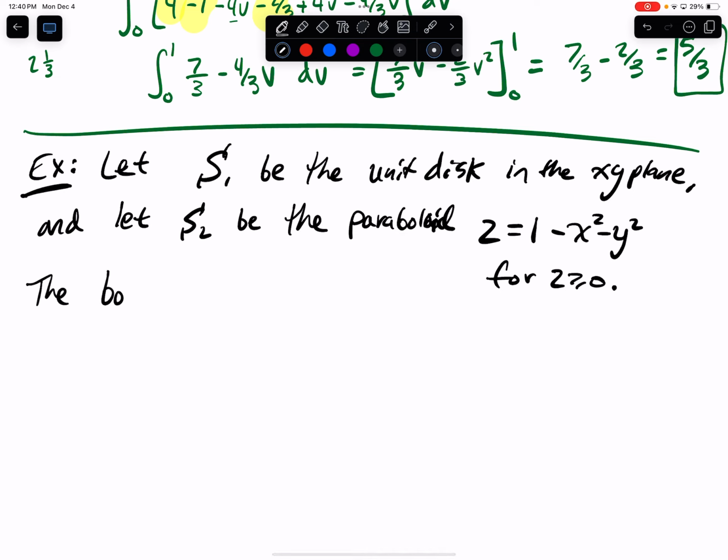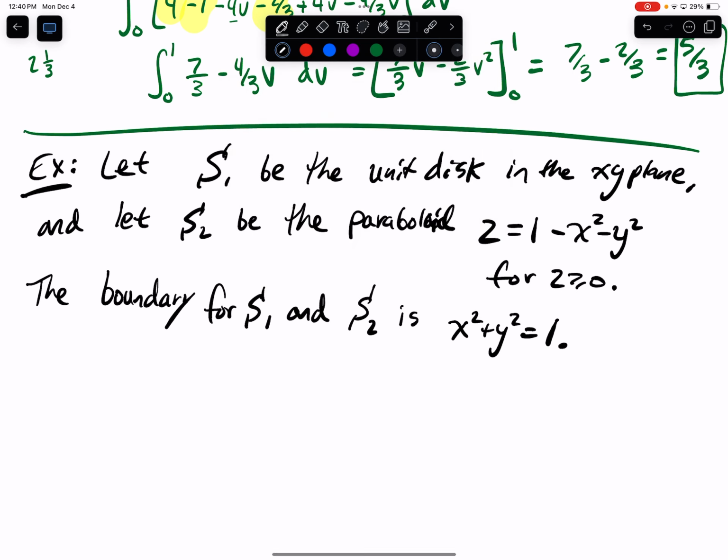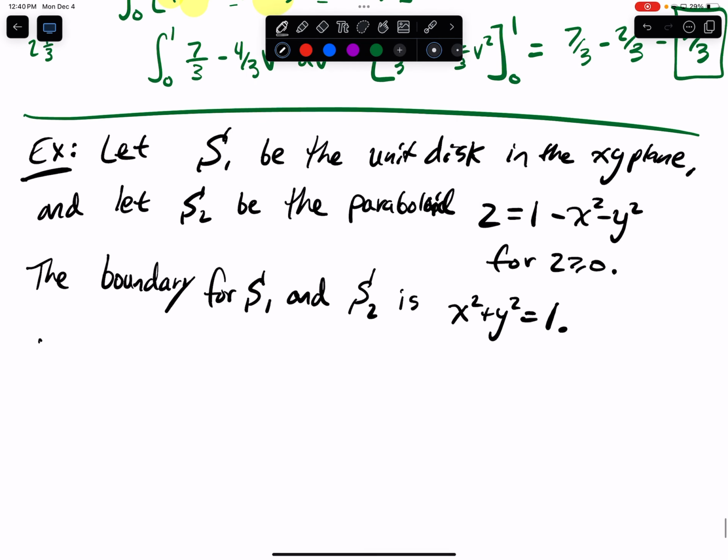The boundary for S1 and S2 is x squared plus y squared equals 1. That's the unit circle. That's the boundary. I'm going to let F1 be 0, 0, 1.